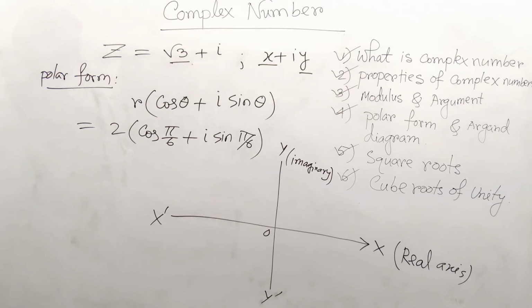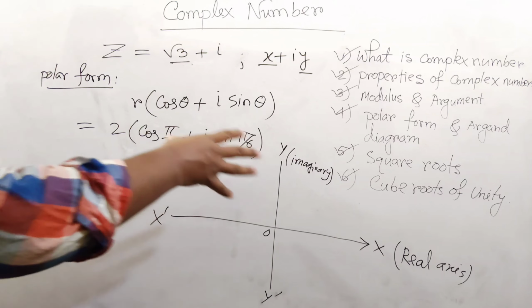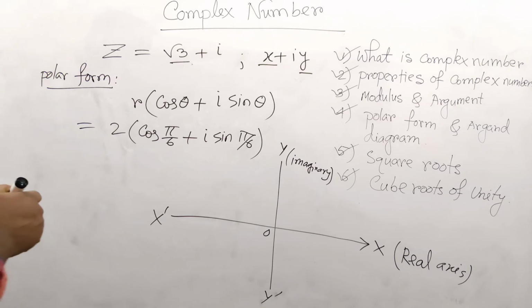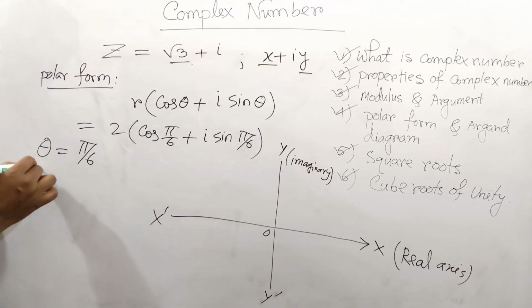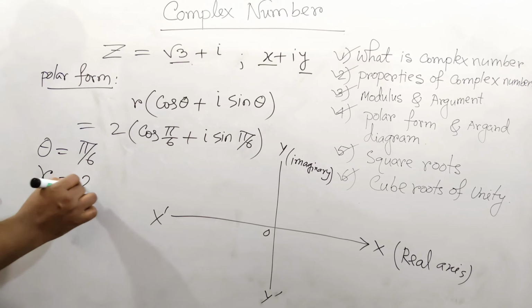Now how can we draw this complex number in this diagram? For drawing this diagram, you first look at what the angle is. Theta was pi over 6 and the modulus r was 2.